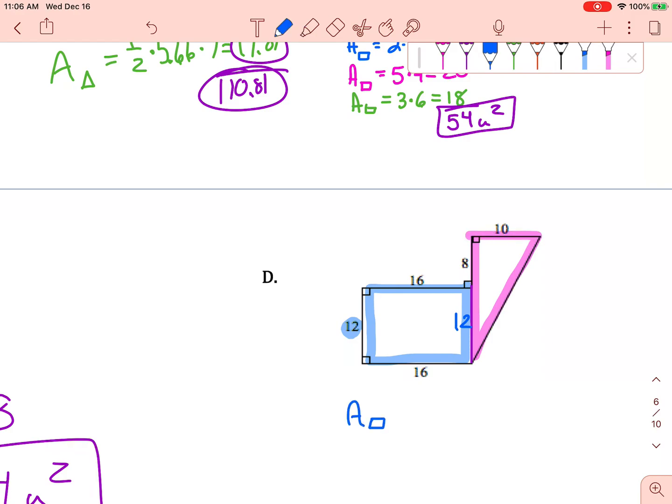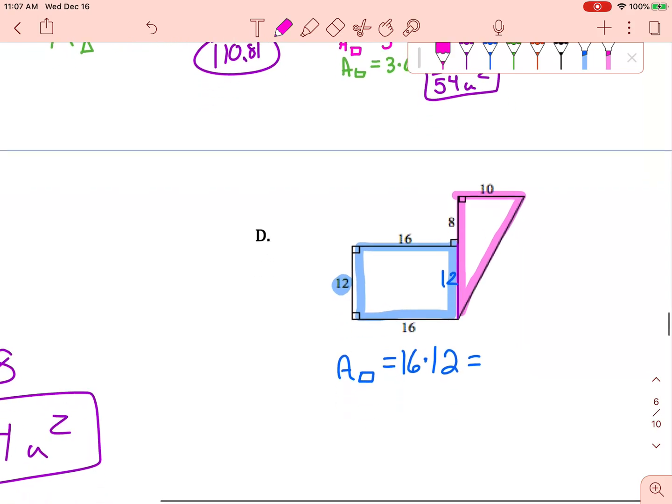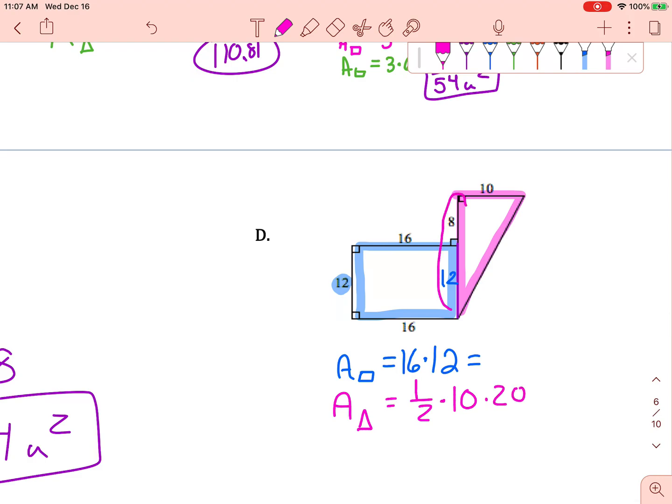So to find the area of this rectangle, it's just going to be 16 times 12. And to find the area of the triangle, it is 1/2 times the base times the height. Now take a look at this height. Again, I'm adding together the 8 and the 12, and that's where that 20 came from.